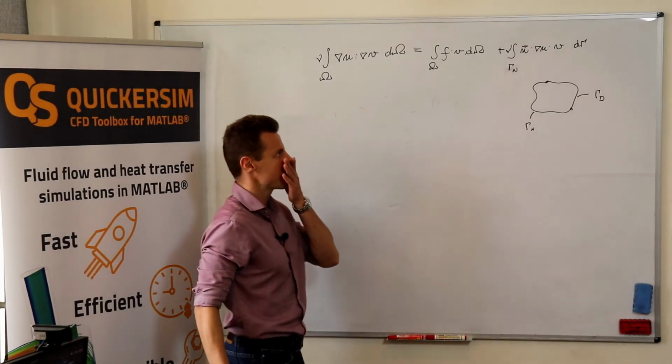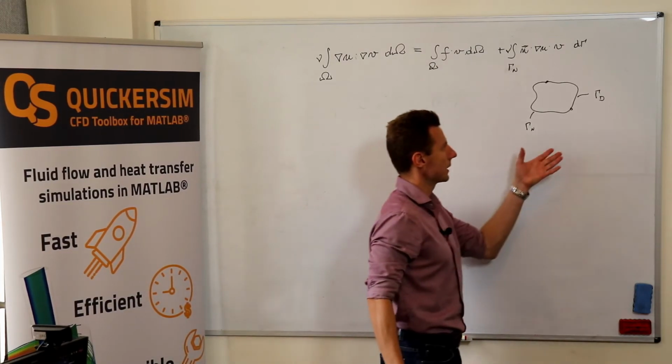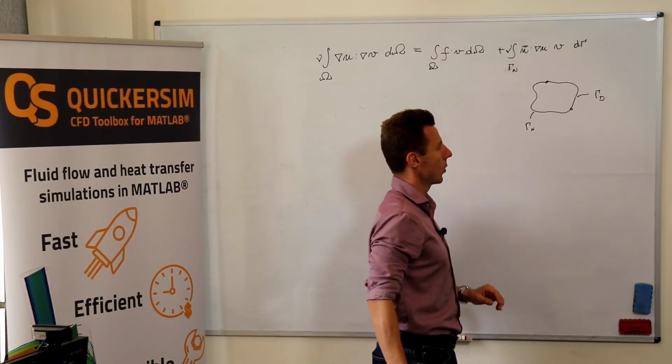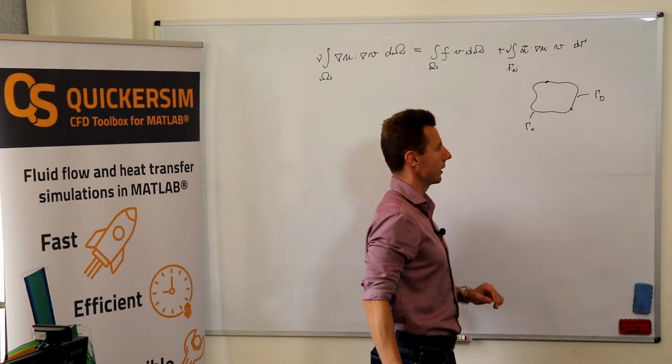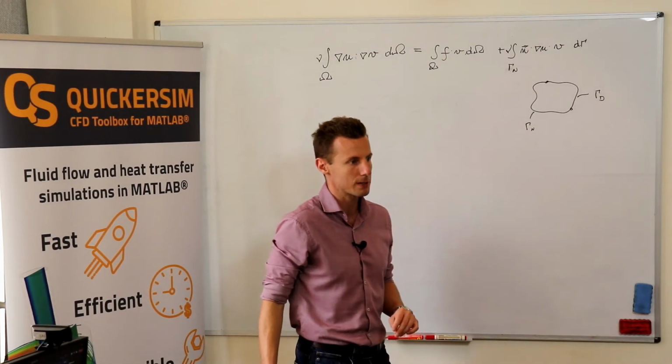Right now, I'm interested in showing you what kind of impact the implementation of third type boundary conditions has on the discretized form and the matrix structure.